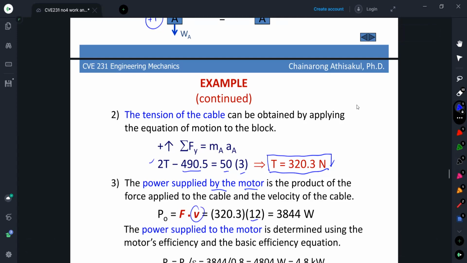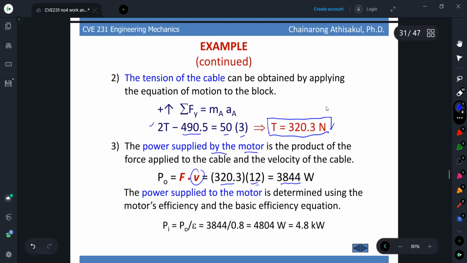So the power supplied by the motor to the cable is equal to the required tension, 320.3 newtons, times 12, the velocity of the cable at point P. So we require a power of 3,844 watts. This is the power that we require from the motor.